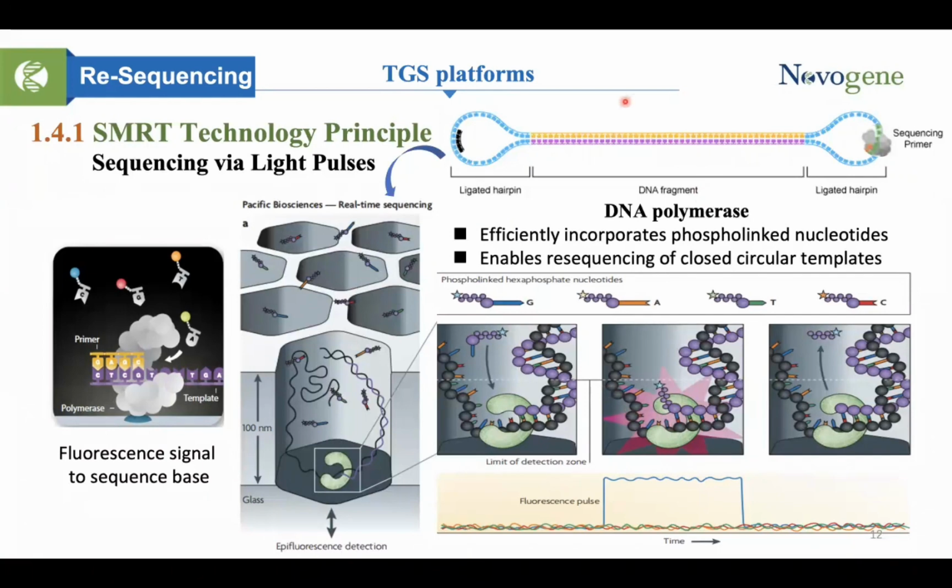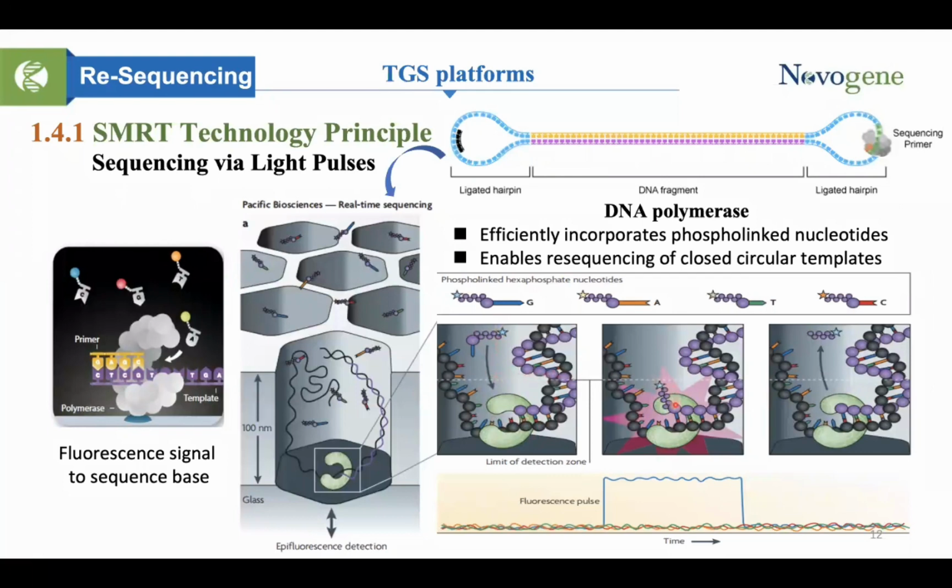The library structure is like the top figure, and upon binding of the DNA polymerase, the template DNA strand is anchored to the bottom glass surface of the ZMW. Each of the 4 nucleotides is labeled with a different fluorescent dye so that they have distinct emission spectra. After adapters bind to the polymerase, a fluorescence-labeled nucleotide associated with the template comes into the active site of the polymerase.